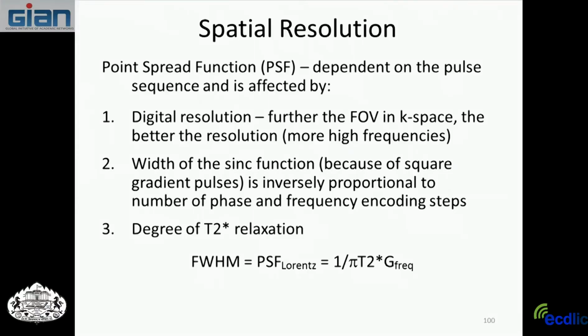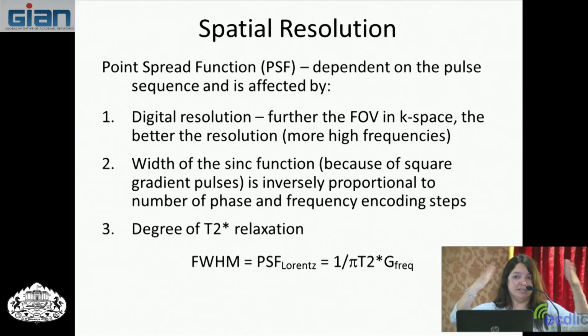Okay, spatial resolution. The point spread function is dependent on the pulse sequence, and it's affected by the digital resolution. Like I mentioned, the further the field of view in K-space, the better the resolution. The more you collect out in the higher frequencies, the better detail you're going to get. The width of this sinc function is inversely proportional to the number of phase and frequency encoding steps.